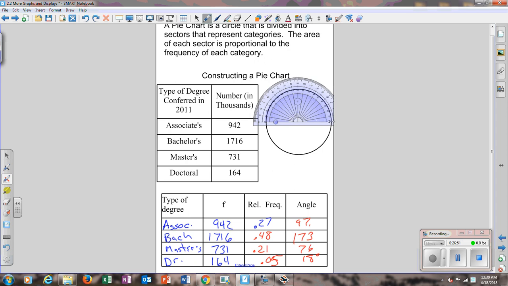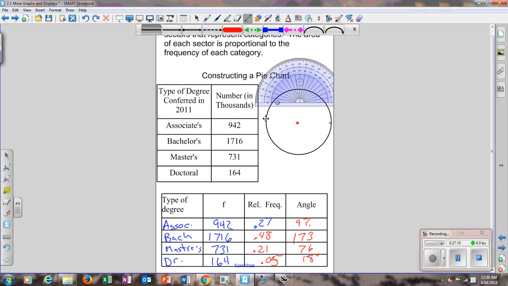I will make this true zero and go 173 degrees this way. It's going to come over here like that. So you're going to flow back to your true zero, just like that. And so that would be the people with the bachelor's degrees. Now from there you would go 97 degrees.